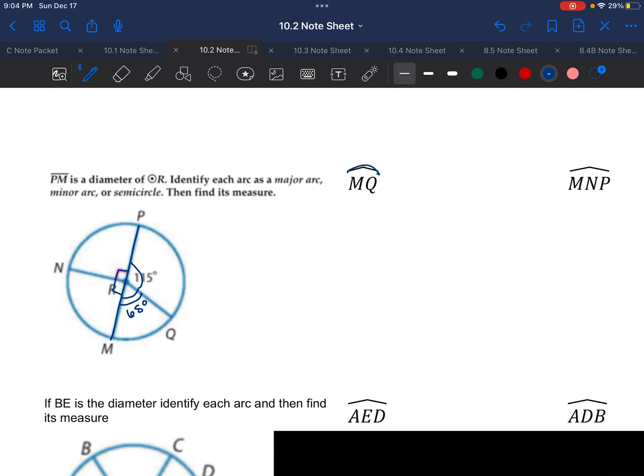MQ is this arc here, which is a 65 degree arc measure, so it is a minor arc. Arc MNP, well, PM we're told is the diameter, so that's 180 degrees, which would make it a semicircle.